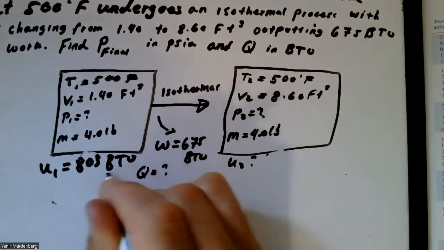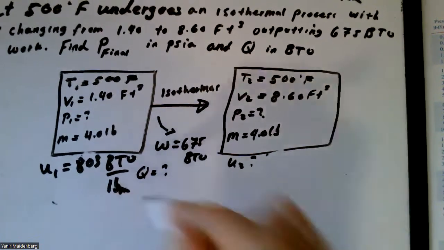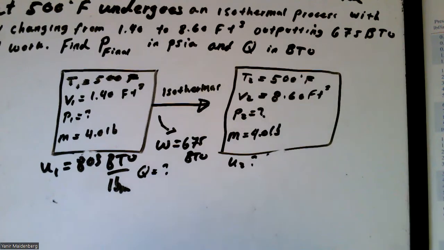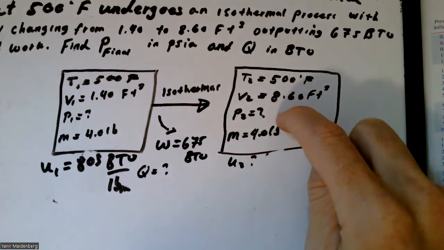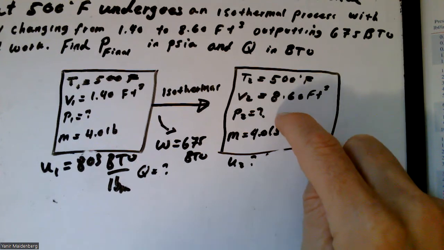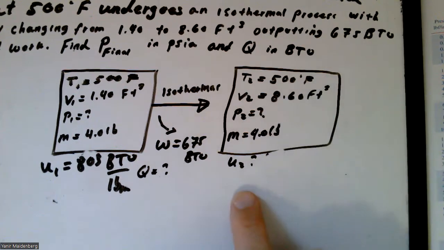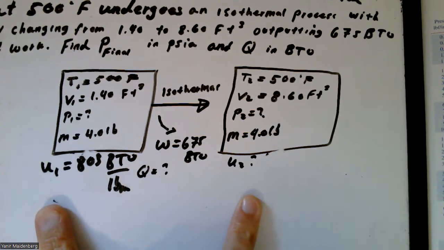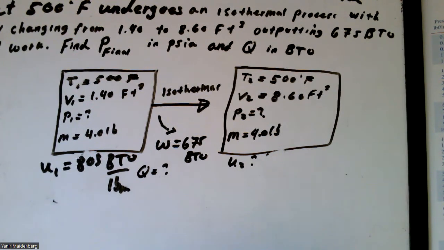Now I'm going to have to repeat my analysis and find U2, and by extension P2. That will solve the first part of the question, to find P2, but I also want to know U2, because once I get U2, I get delta U. Delta U is equal to Q minus W.